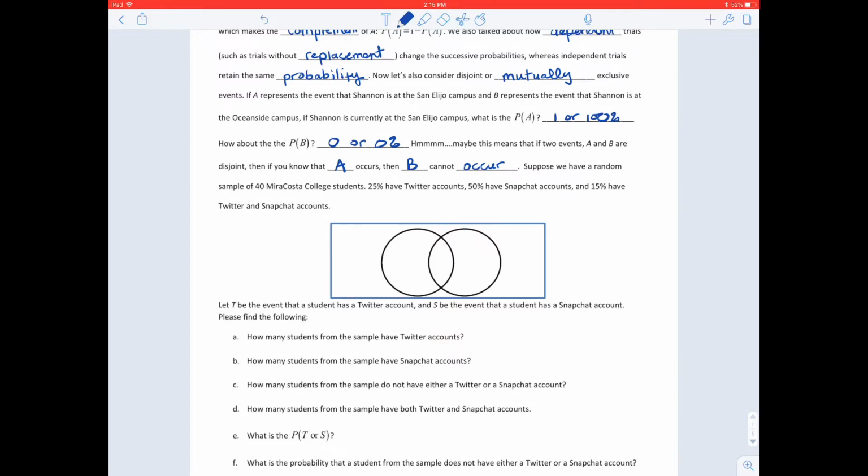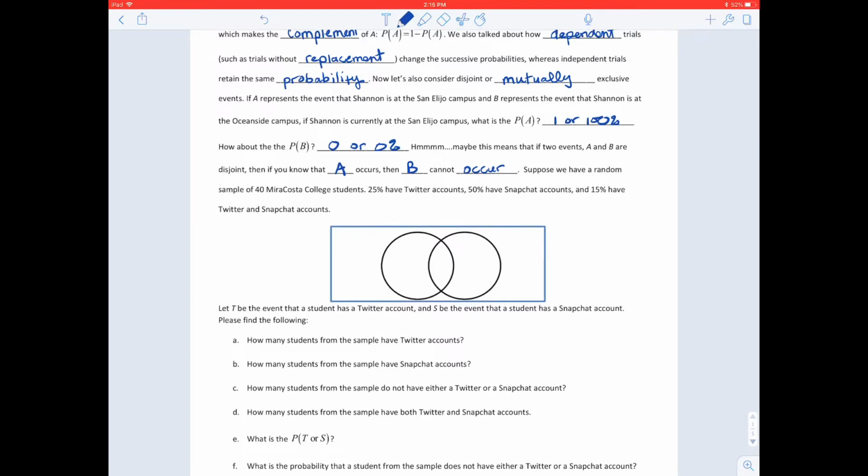If we call this one the group that has Twitter accounts, and this one the group that has Snapchat accounts, then what's the probability of the intersection? Good, it was 15%. So I'm going to write that as 0.15.